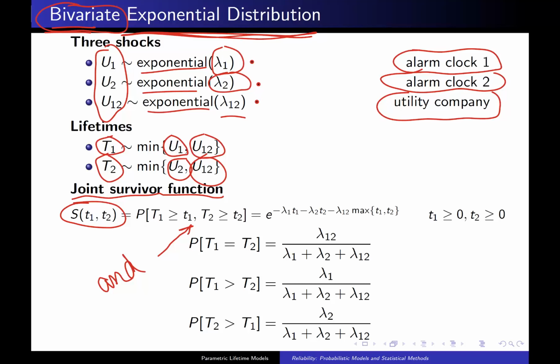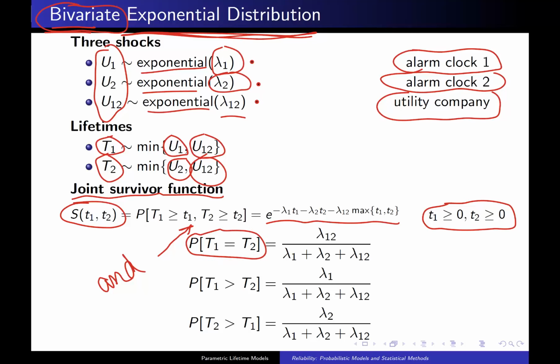For this particular bivariate exponential distribution, that is given by this quantity right here for values of t1 and t2, which are non-negative.